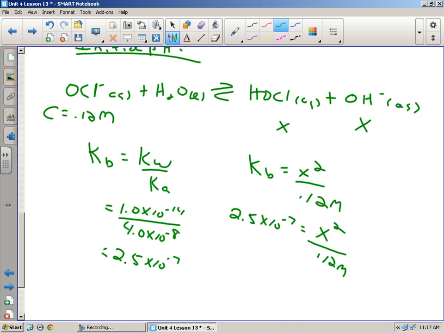Square root. And I get right here 1.73 times 10 to the negative 4 moles per liter. Now, I'm going to take the negative log of that, and I get about 3.76. Don't forget, that's pOH, yes?